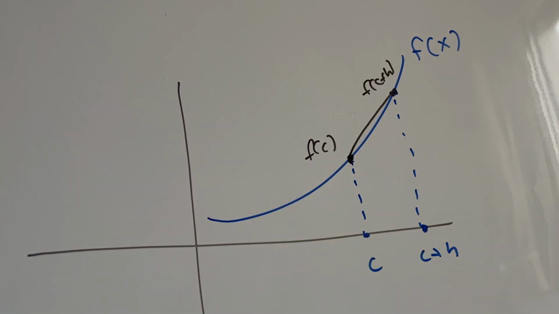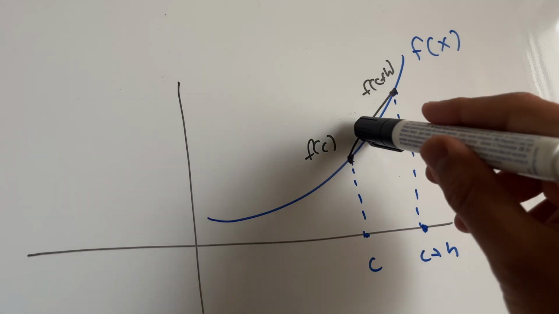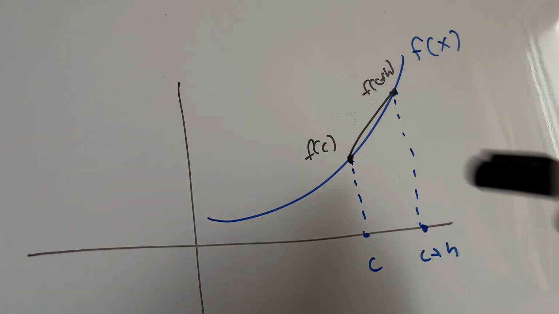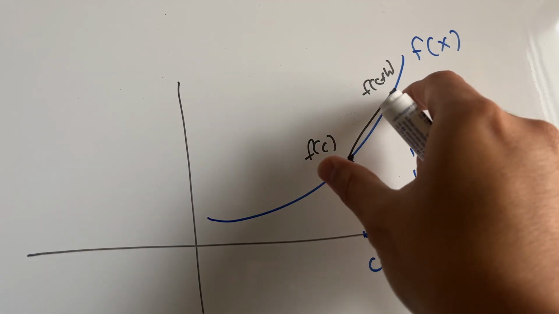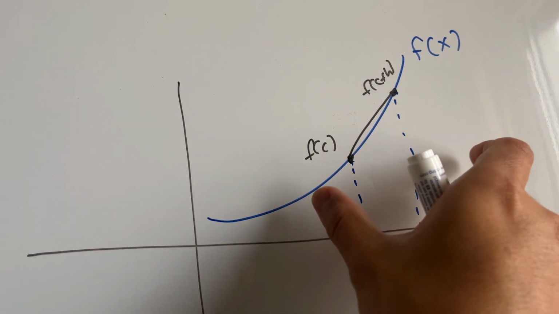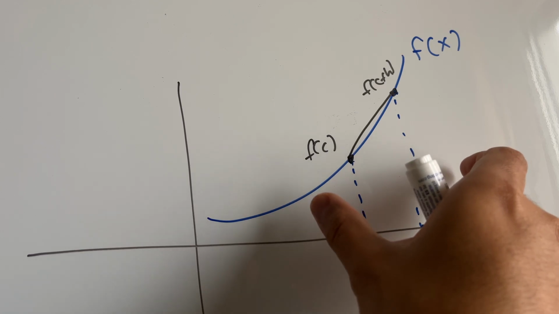The sort of speed of the function at c will be equal to the slope of this line, the inclination. Intuitively, the function grows faster if this line is steeper, and it grows slower if the line is a little bit flatter.